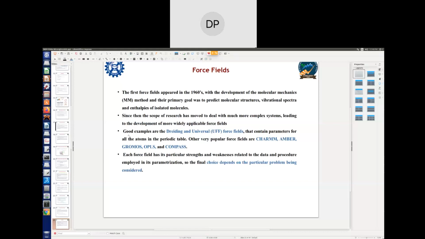Other very popular ones are CHARMM, AMBER, GROMOS, OPLS, and so on. Each force field has its particular strengths and weaknesses related to the data and procedure employed in its parameterization. So the final choice depends on the particular problem being considered. Based on what kind of problem you are handling, you need to select the force field.